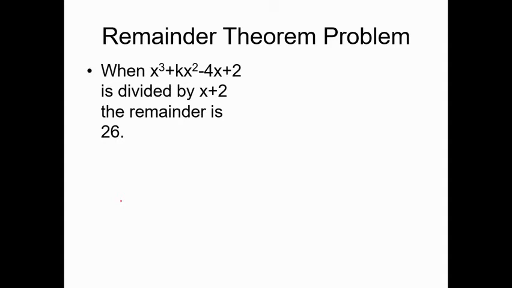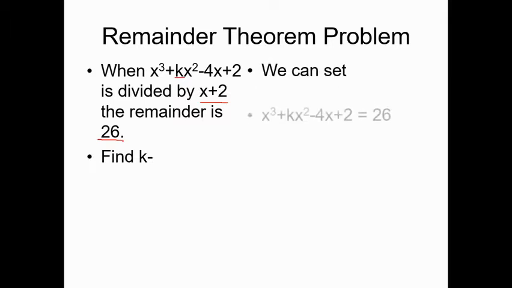It says that x cubed plus k x squared minus 4x plus 2 is divided by x plus 2, and they give us the remainder is 26. And then they'll tell you find k. Well, we can set our entire function equal to our remainder. There's our remainder.